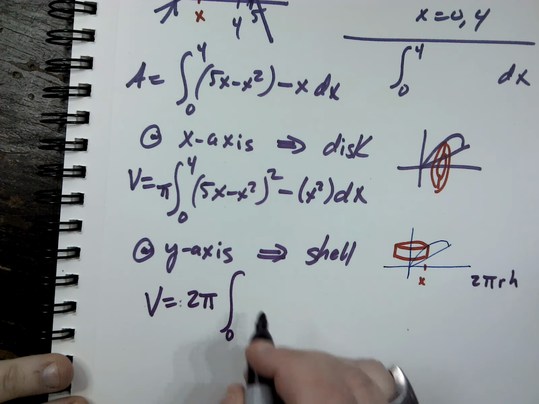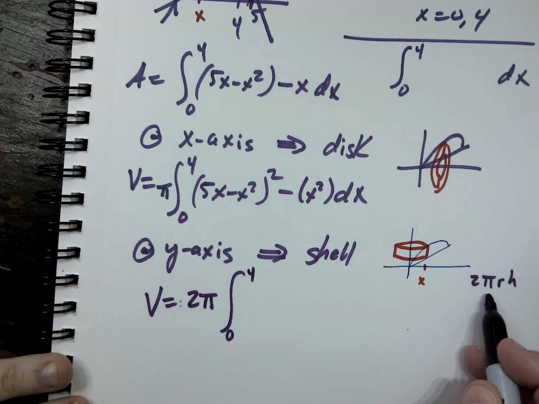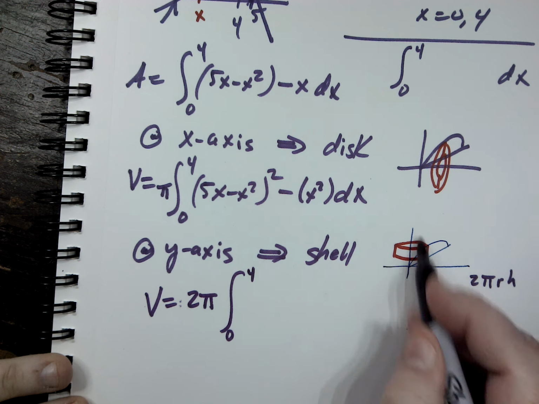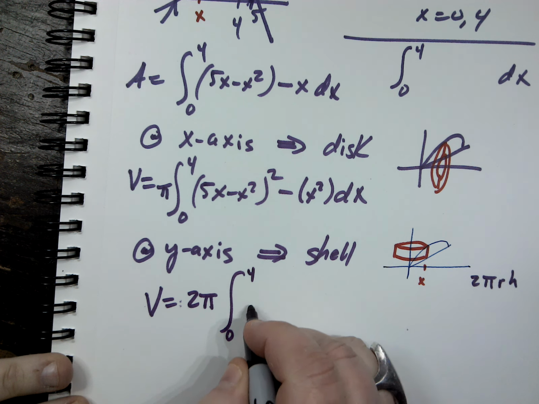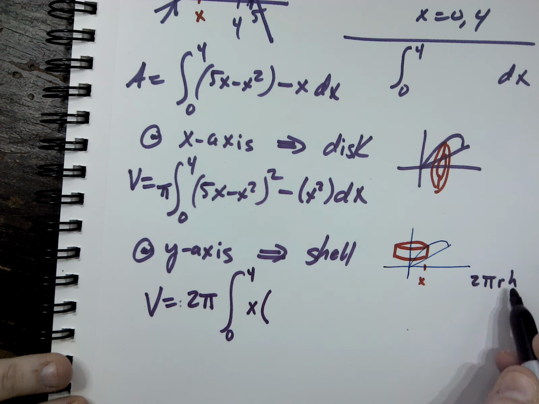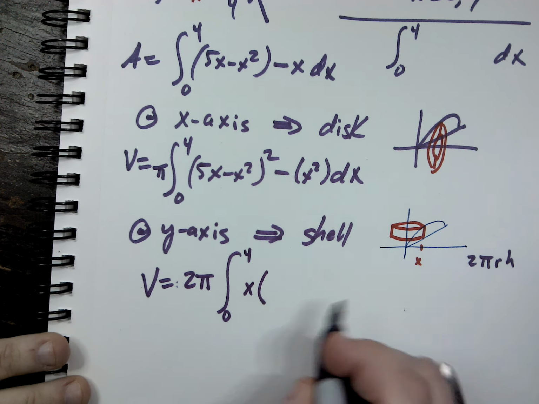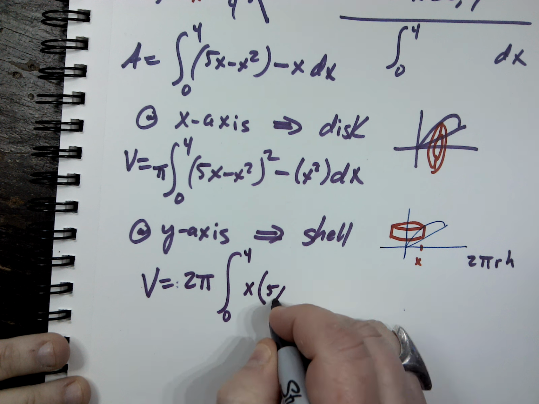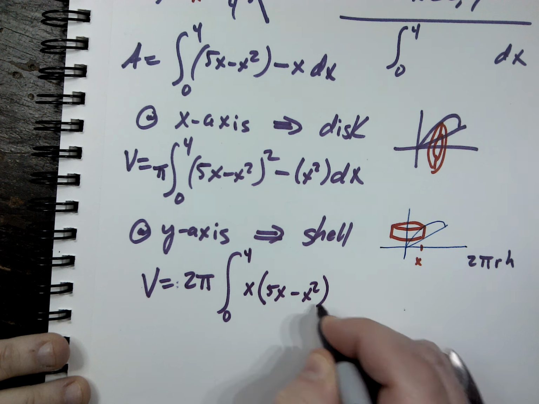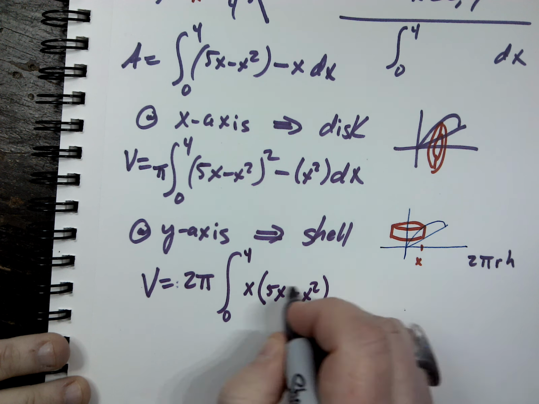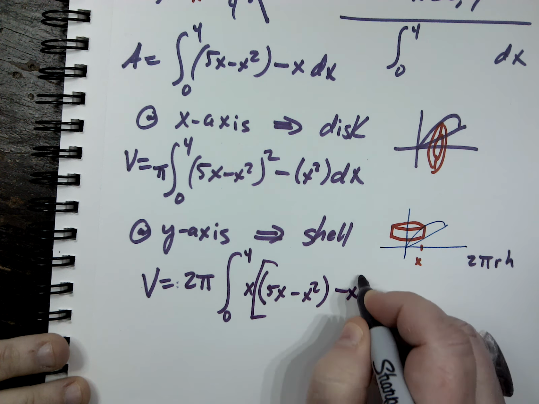So 2 pi integral from 0 to 4. My radius is the distance from my axis to the x, so that's x. The height is the difference in the function, or the length of my little line. And the length of my little line is 5x minus x squared minus x.